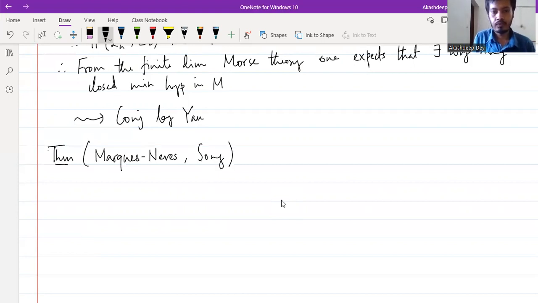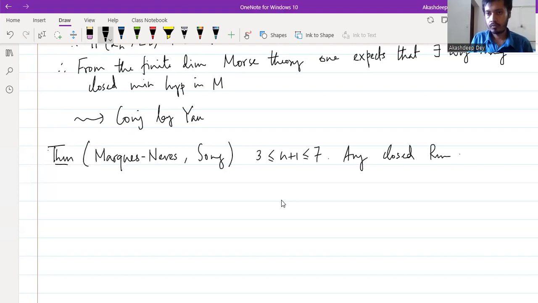It says that if the ambient dimension n plus 1 is between 3 and 7, then any closed Riemannian manifold M^(n+1) contains infinitely many closed minimal hypersurfaces.